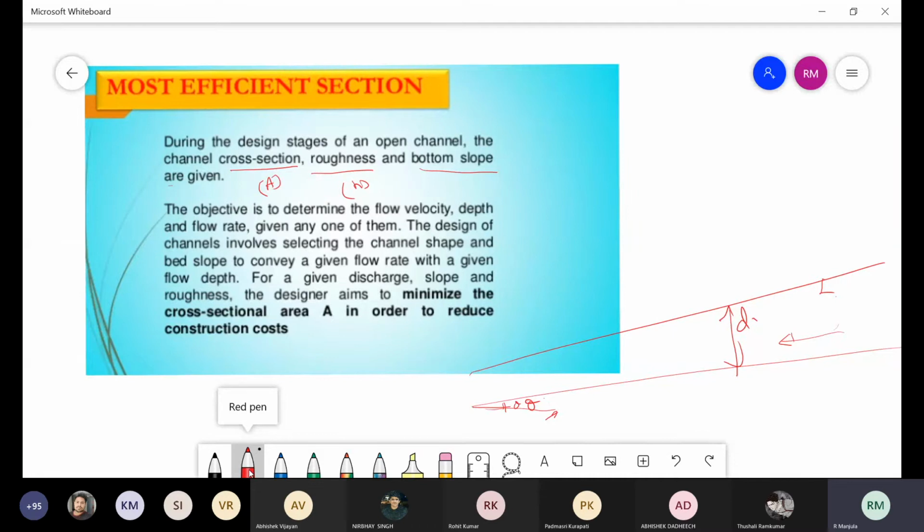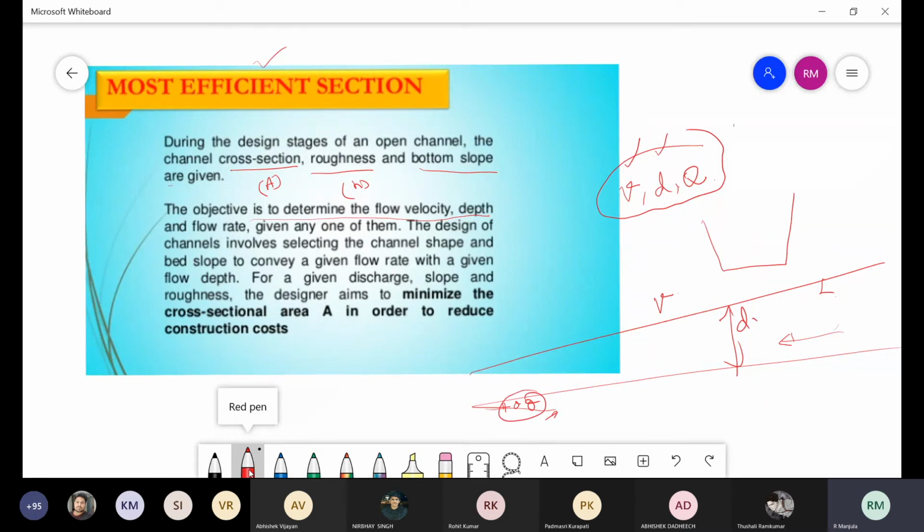What is the objective of the most efficient section? The objective is to determine the flow velocity V, the depth D, and the flow rate Q. We can determine the flow velocity, depth of flow, and flow rate by selecting the channel shape and bed slope. Bed slope is theta.